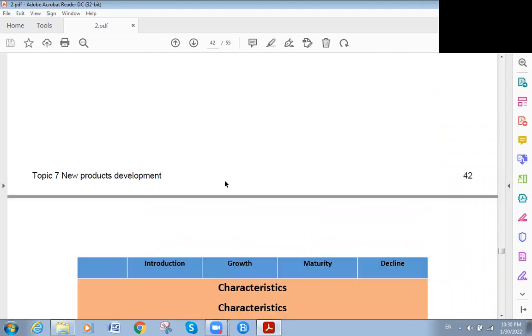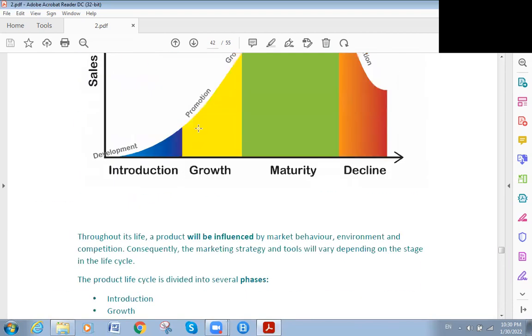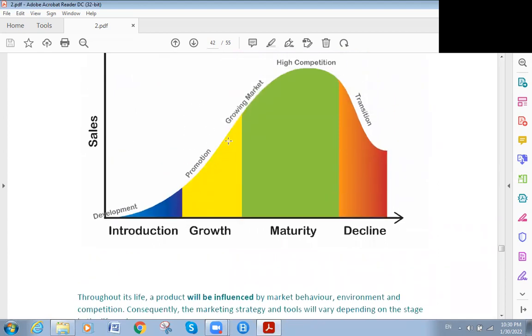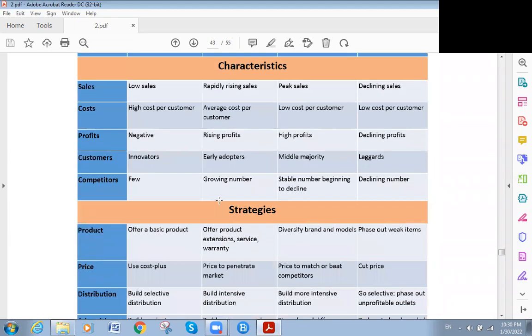You make good profits. Early adopters, not innovators, then a growing number of competitors. When you start to grow in the business, the competitors will not leave you alone. They will also be competing with you. So more competitors will show up.